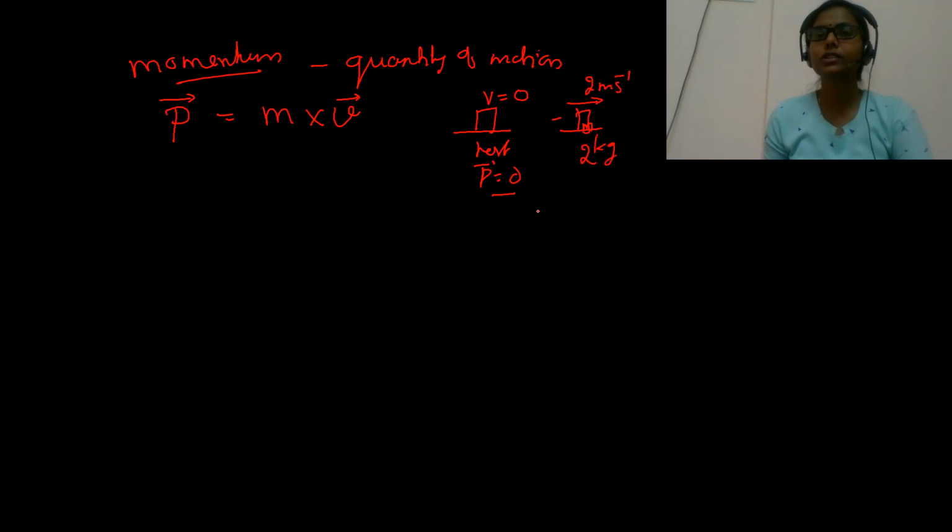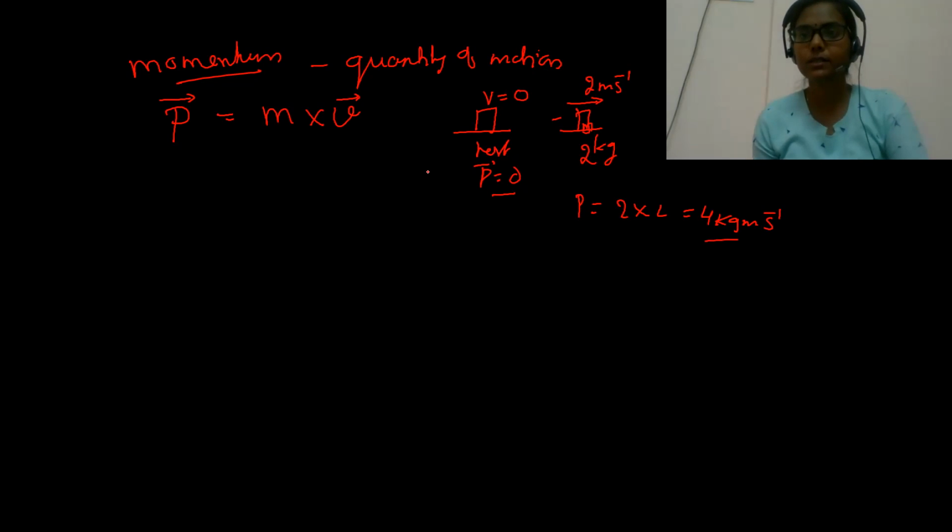In that condition, the body has a momentum of 2 into 2, mass into velocity, which is 4 kg meter per second. This is the momentum of the body. Understood? If the body is at rest, no momentum. When the body starts moving, in that condition, the body will have momentum. Right, children? So momentum is clear to you.